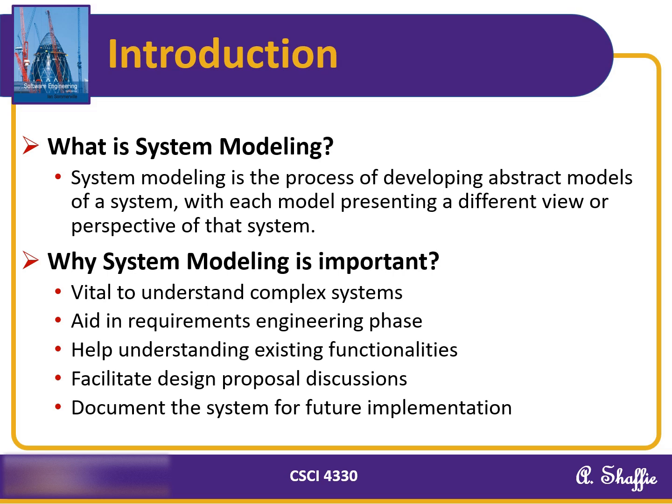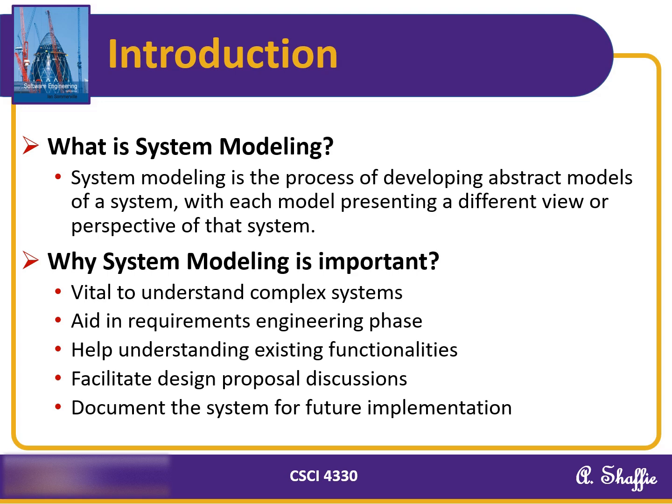For currently running systems, system modeling captures their essence and becomes pivotal during the requirements engineering phase, helping stakeholders and developers comprehend existing functionalities. Stakeholders can use models to communicate how the system currently operates to developers, while developers can utilize these models to identify the system's weaknesses and strengths.